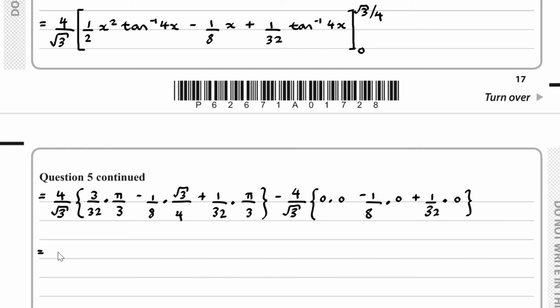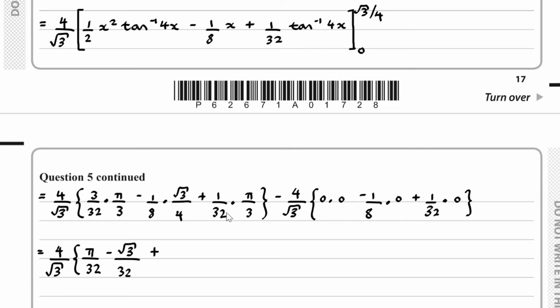So here, we've got 4 over root 3 multiplied by, well, if we tidy all of this up, the 3's here cancel, we're left with pi over 3. And then we've got the minus root 3 over 8 times by 4, which is 32.